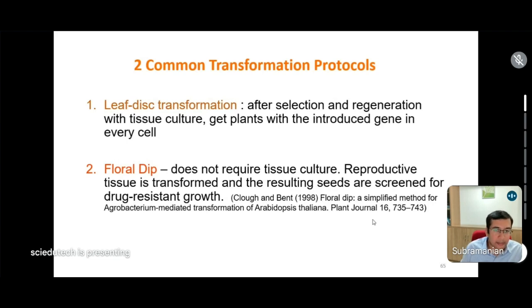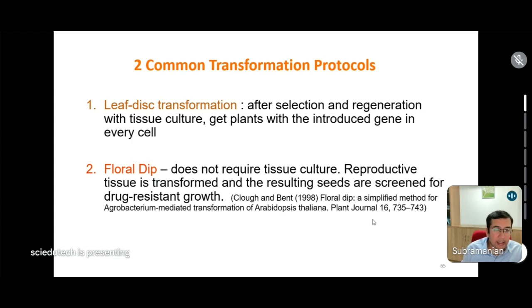So there are different transformation protocols. Most commonly used is leaf disc transformation. You cut leaves into small discs and you co-culture them with Agrobacterium. After the co-cultivation, you select and you regenerate with tissue culture to get the entire plant. And you make sure that the plants have the desired gene in every cell, right?